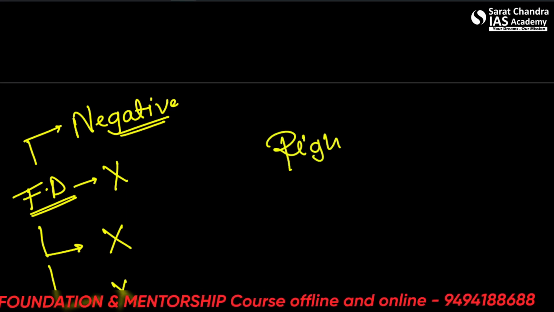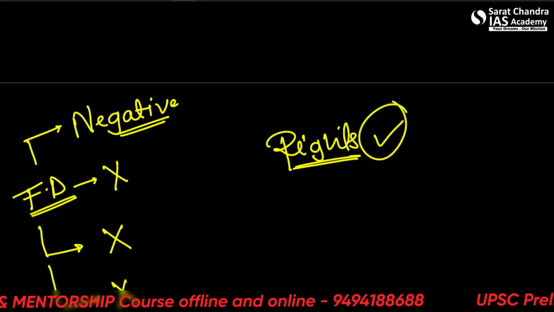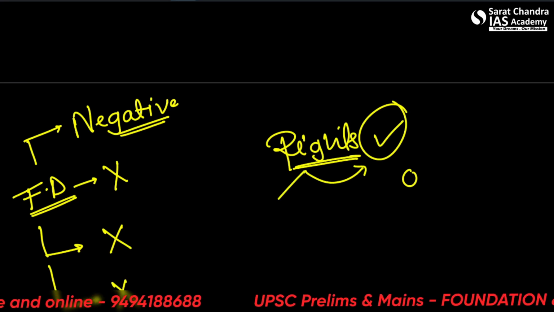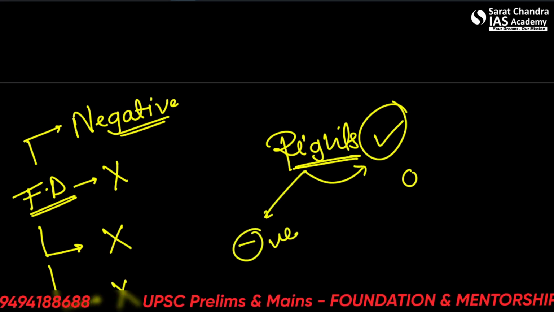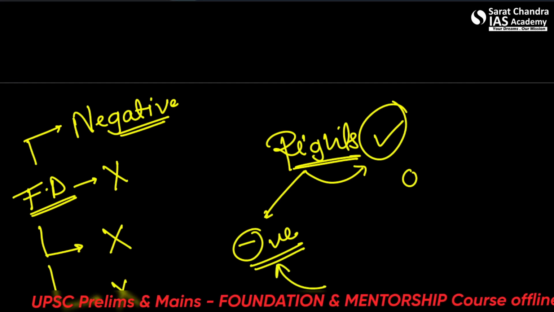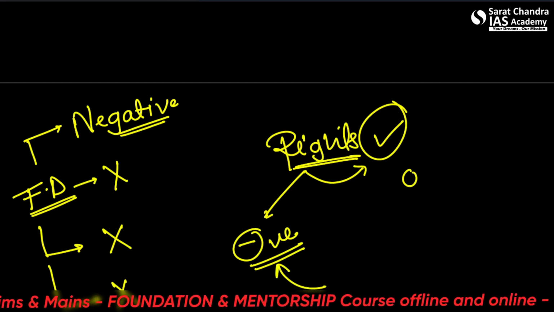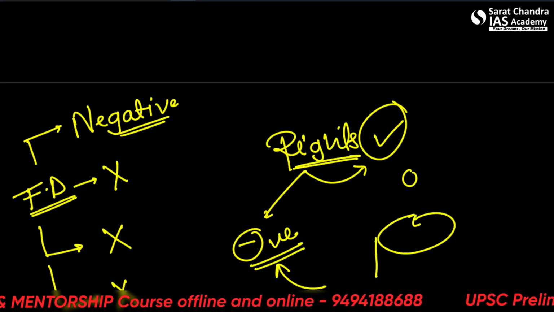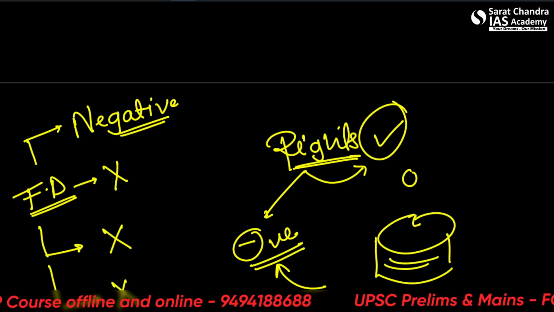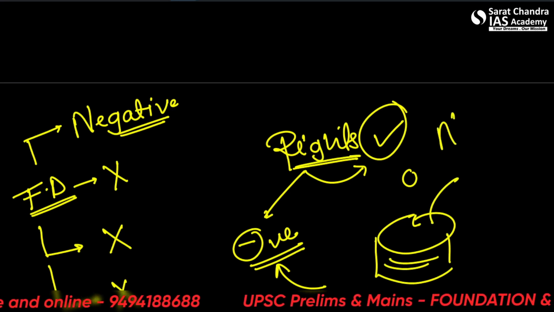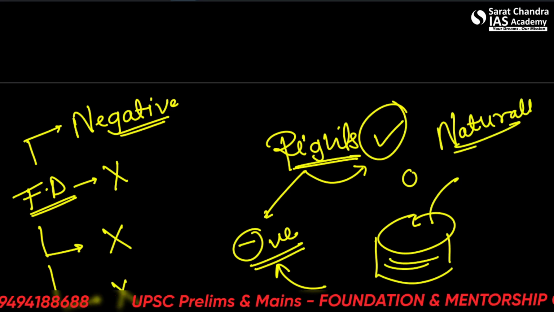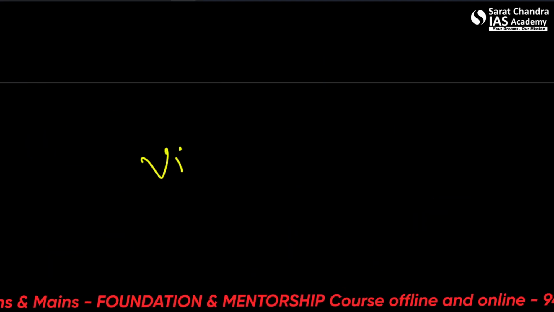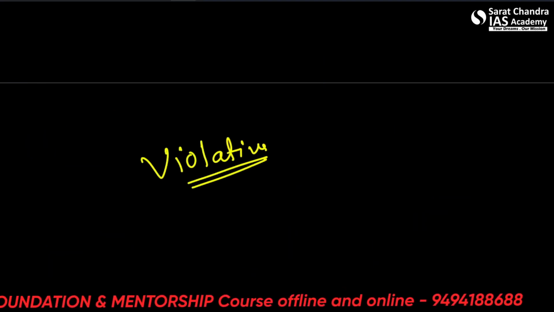Rights mean you are having all the rights, and that is not something positive. It's natural. All right, it's neutral. You not having the rights is negative, and that is a violation of your rights. You have nothing extra, nothing special when you are just wandering around. You don't have to carry anything with yourself. You don't have to display that you have all the rights while you are doing something. They are yours naturally. But as soon as some force tries to intervene in your rights, it becomes violative of your fundamental rights.